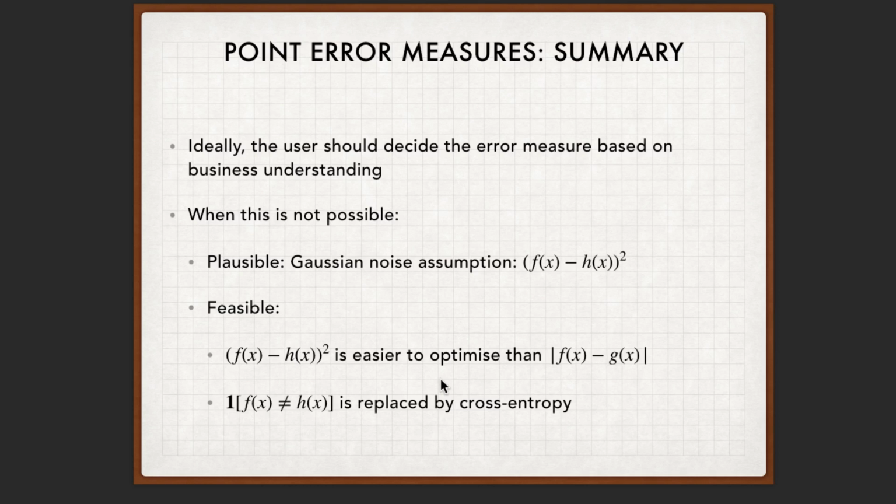Therefore, mathematical manipulation is also important for the measures. For example, in some applications, maybe an absolute value error measure makes more sense than squared error. However, absolute value functions are more difficult to optimize than squared errors, but it's doable.